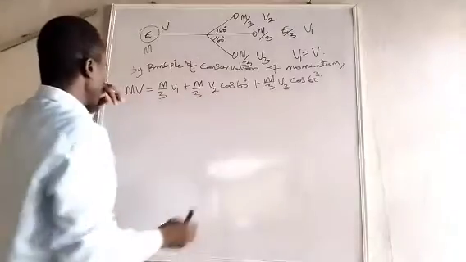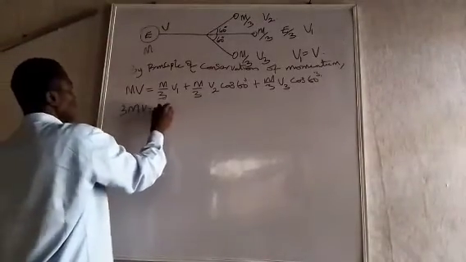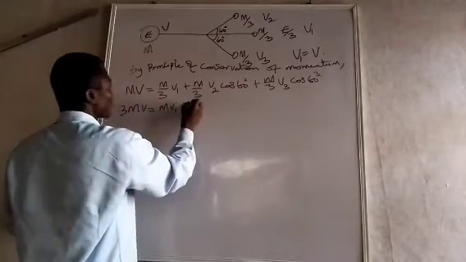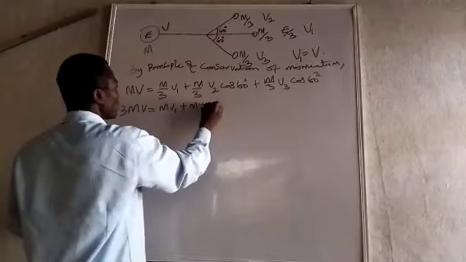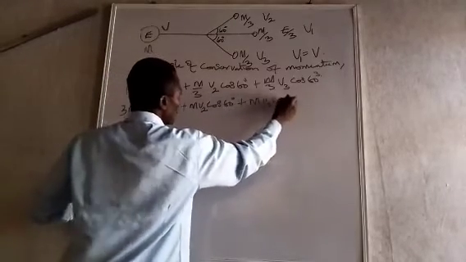Before we go on, let's multiply through by 3. So 3mv is equal to m v1 plus m v2 cos 60 degrees plus m v3 cos 60 degrees.